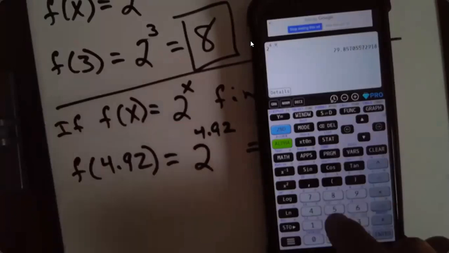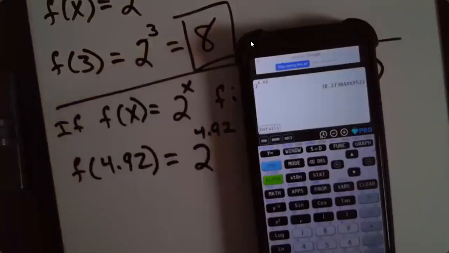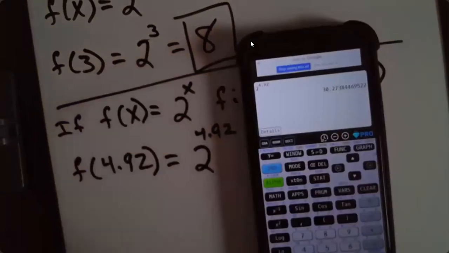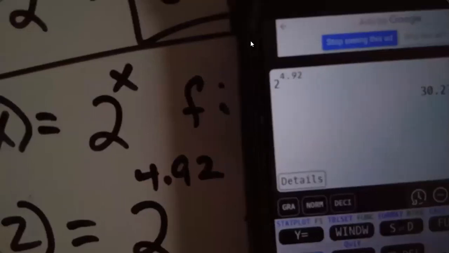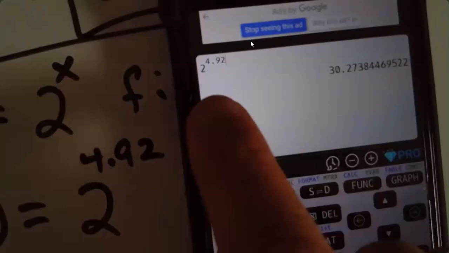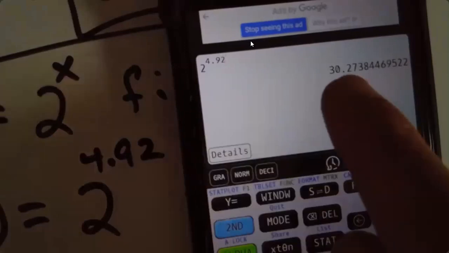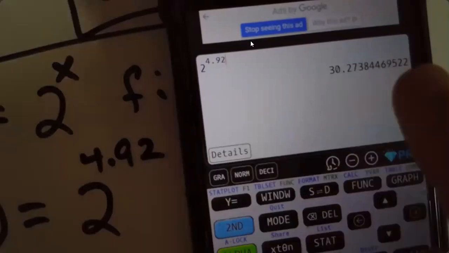You can see up here, 4.92 is up at an exponent. And it gives you 30.27, and they want you to round it.